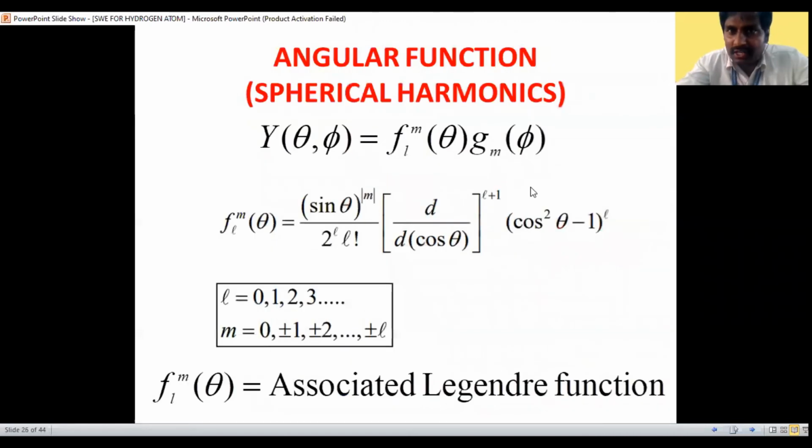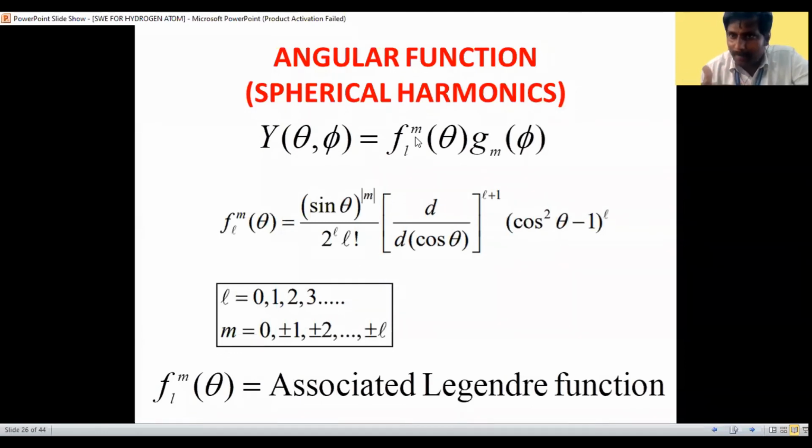Okay, and the angular wave function, we can even call it spherical harmonics. The angular wave function can again be written as a combination of F and G. The solution for Y of theta comma phi equals F of L and M times G of M. What is this L? Azimuthal quantum number, and M is the magnetic quantum number. We are introducing these two quantum numbers at this point.